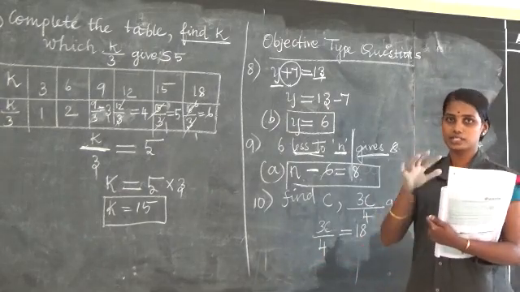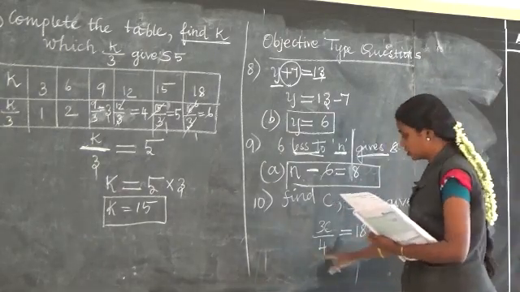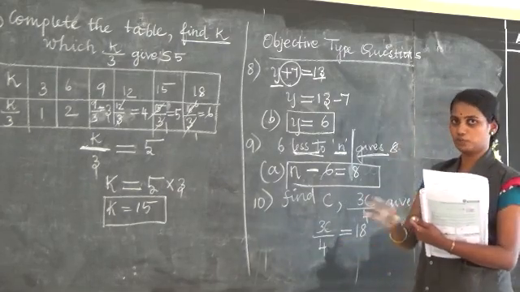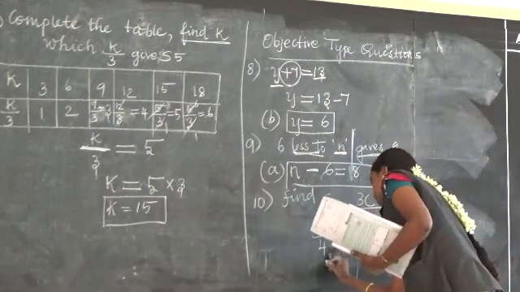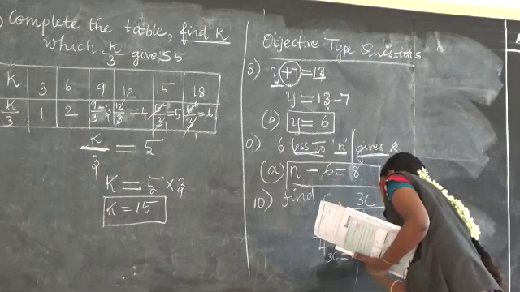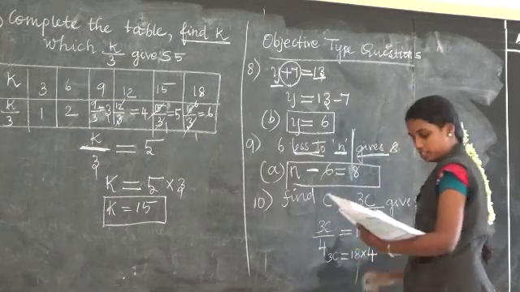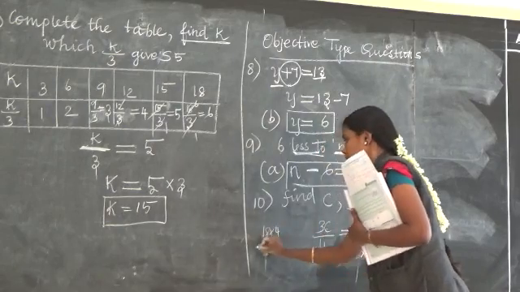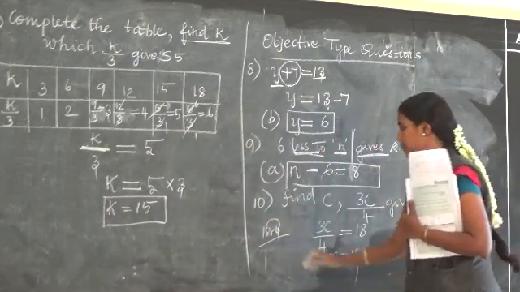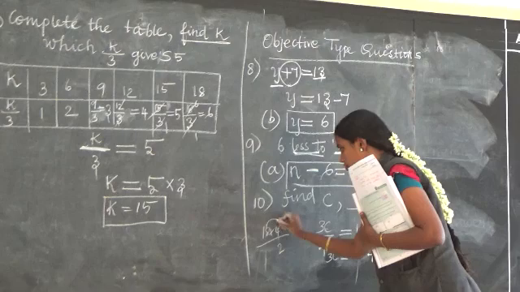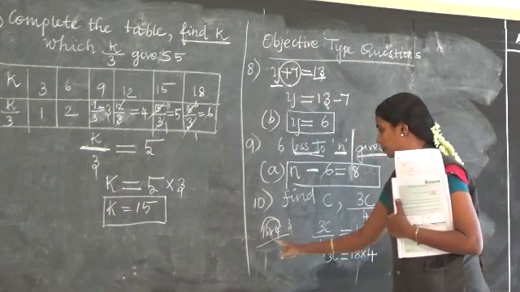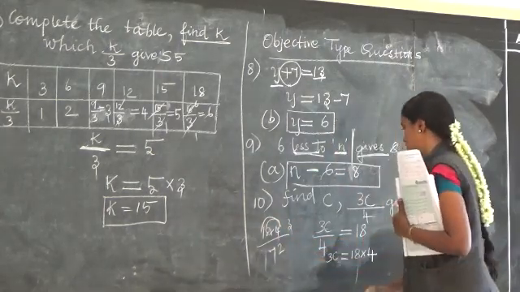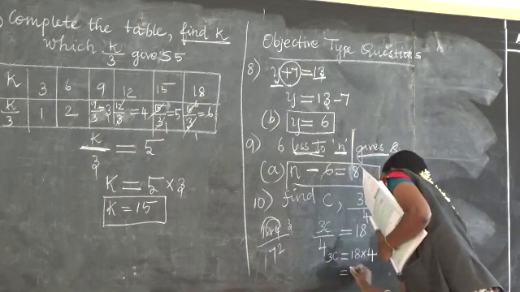Along with the C, what is there? In the division, 4 is there. First remove the 4. 18 into 4, multiply. 4 8s are 32. 4 1s are 4. 4 plus 3, 7. So 18 4s are 72.